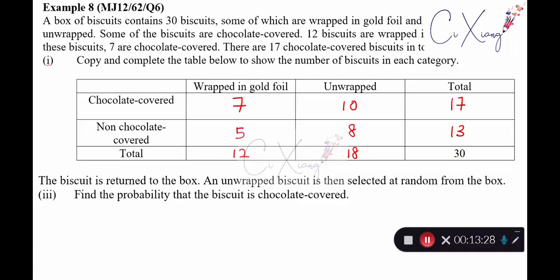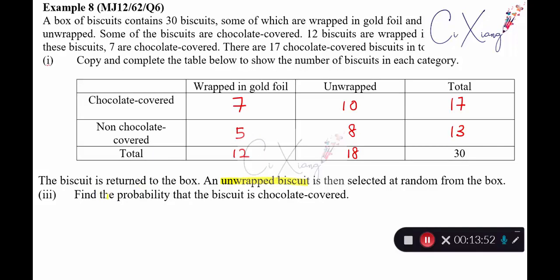Alright, so the biscuit just now is returned to the box. Now an unwrapped biscuit is then selected at random from the box. This sentence already tells you that an unwrapped biscuit has been selected, which means this is an event that already happened earlier.